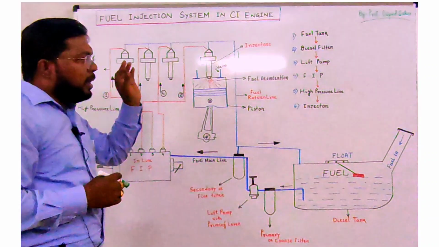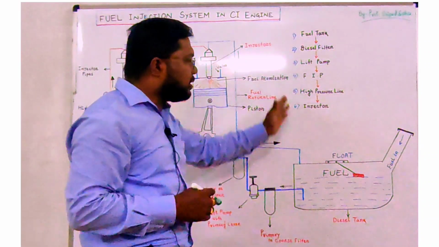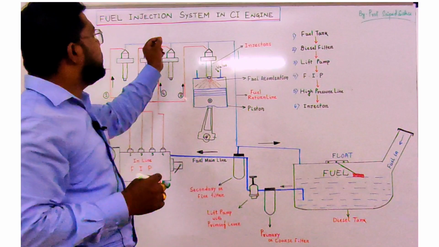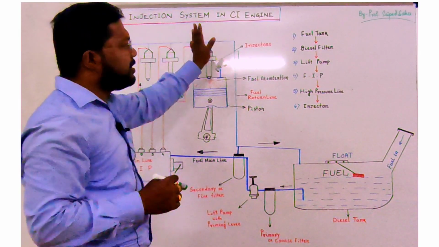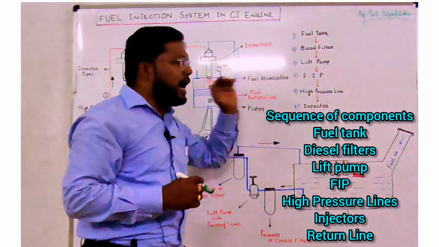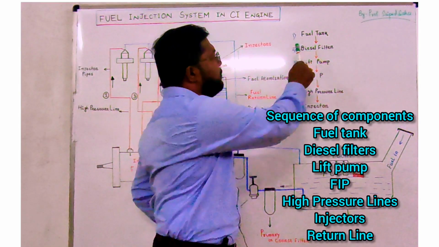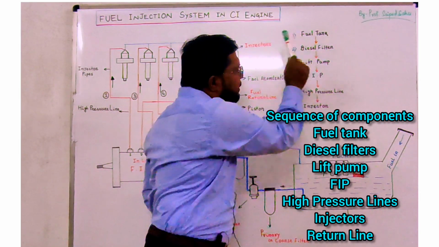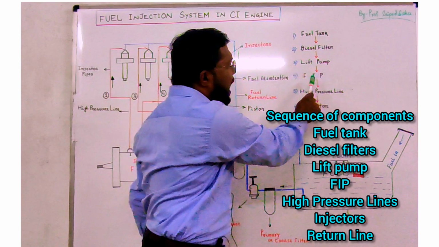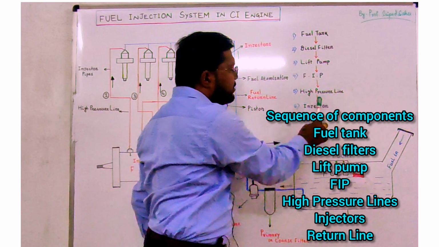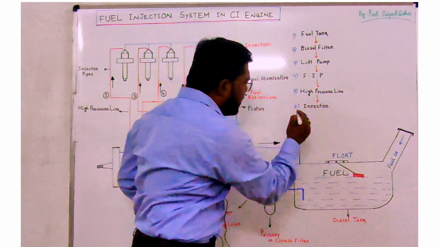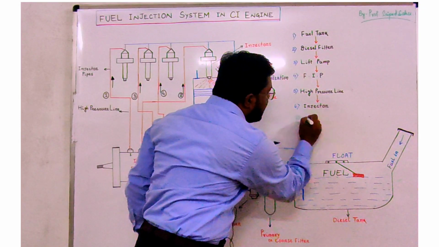Let me tell you what the basic components in a CI engine fuel injection system are. These 6 components I have written. The first one is the fuel tank, the second is the diesel filter, the third is the lift pump, then the FIP (fuel injection pump), the high pressure line, and the injector. Another one you may write is the return line.